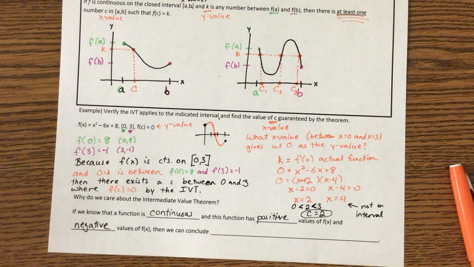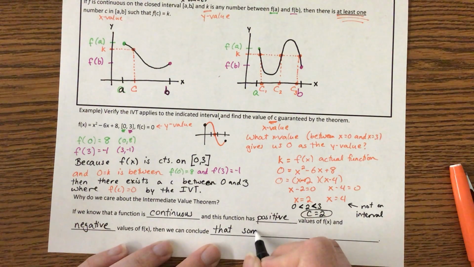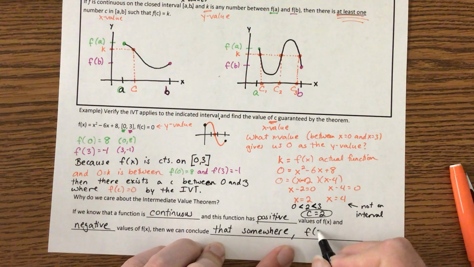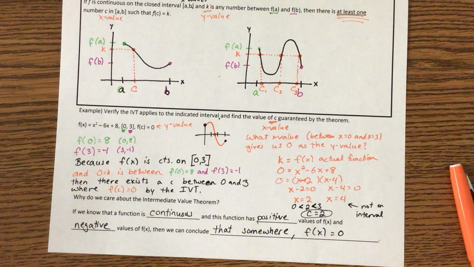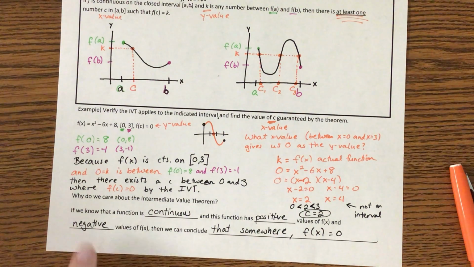If there's positive and negative y values, then we can conclude that somewhere f of x equals 0. Okay, so there's got to be some y value of 0 as long as our function is continuous and has some positive and some negative f of x values.